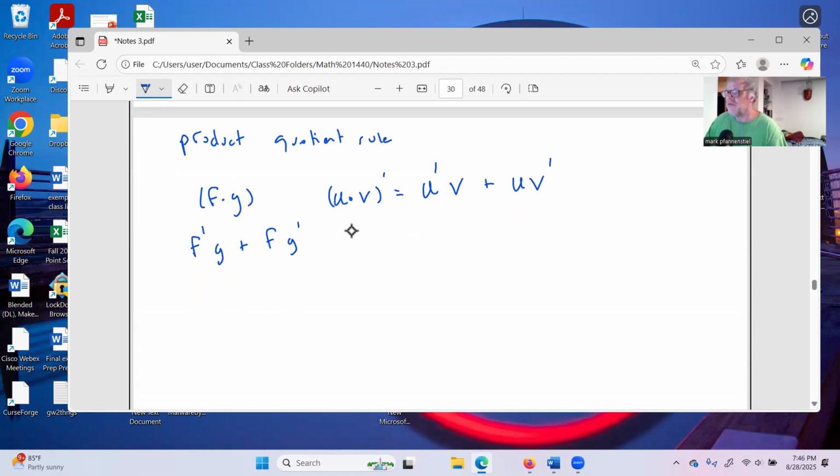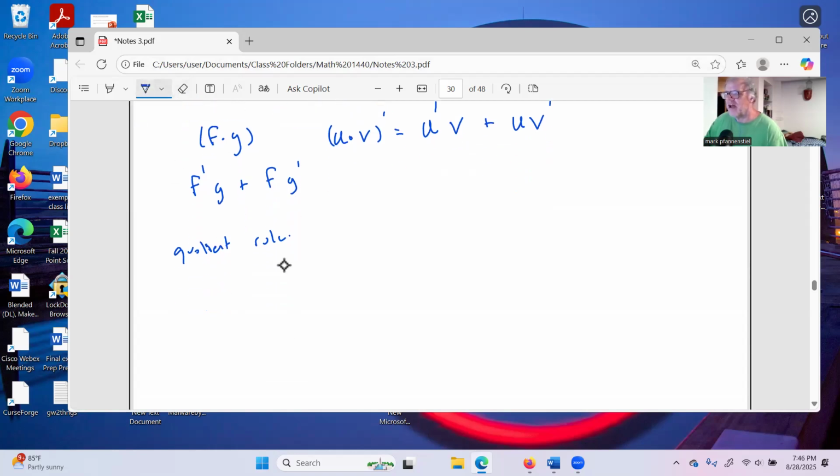There's also quotient rule. So for quotient rule, we're going to have like an F over a G. Let's set this up. So I want F over G tick, or just with different letters, U and V. Okay.